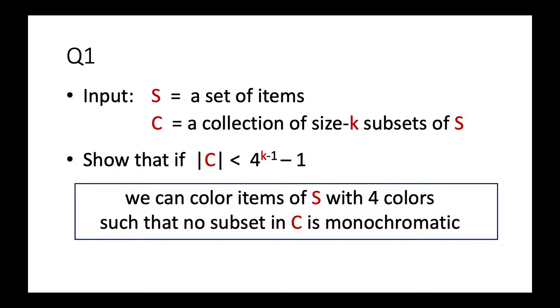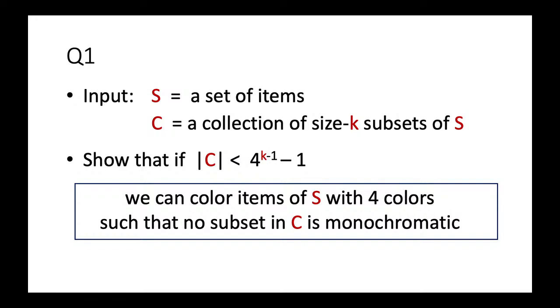And then we also have a collection C of subsets of S. Each subset inside this collection C has exactly k items chosen from S. We want to show that if this collection of subsets is not that large, so it doesn't have a lot of different subsets inside C, then it is possible to color the items of S in 4 colors, so that we can make sure that every subset in C, which is a subset of size k of S, is not monochromatic.